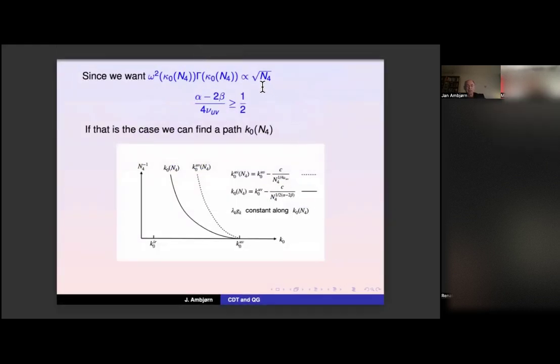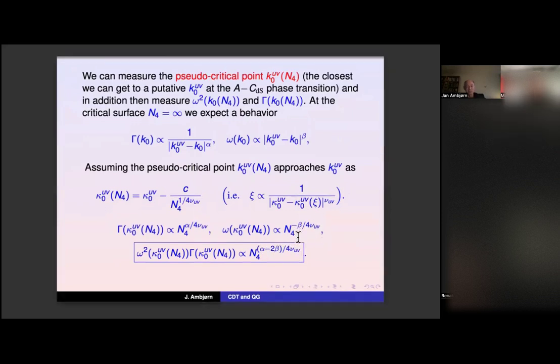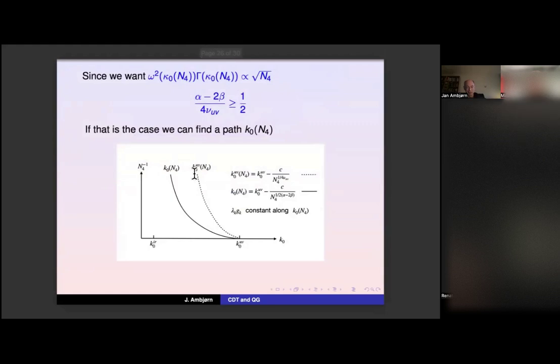But recall that we wanted this product to scale as the square root of N4. So clearly that is impossible if this whole coefficient here is less than 1/2. If it's larger than 1/2, then no problem, because then we have this curve here, and we can choose the real curve where the product is constant to be on this side here.